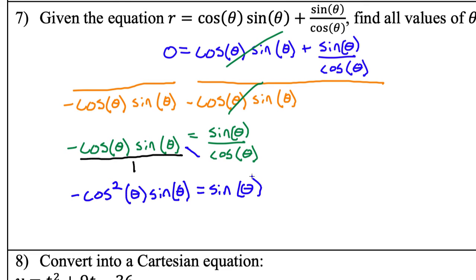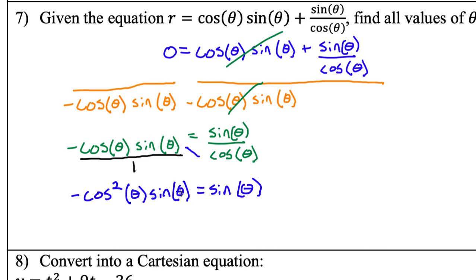What I want to do is divide both sides by sine of theta, but I'm worried. What if sine of theta is 0? Then I'm dividing by 0. Can that ever happen? It could, because cosine of theta can never be 0, but sine of theta might be equal to 0. So we have to be careful about how we do this. We'll account for that.